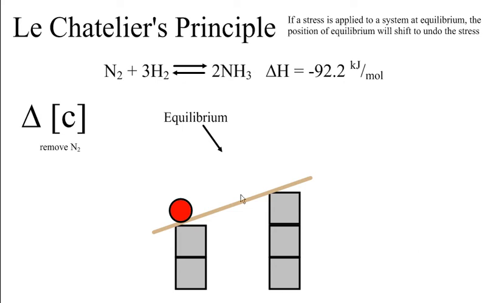So which way would equilibrium shift? It will shift towards the reactants. Which makes sense because if I remove some of this nitrogen, now there's more space for ammonia to decompose into nitrogen and hydrogen gas. So our concentration of nitrogen will increase, our concentration of hydrogen will increase, and our concentration of ammonia will decrease.